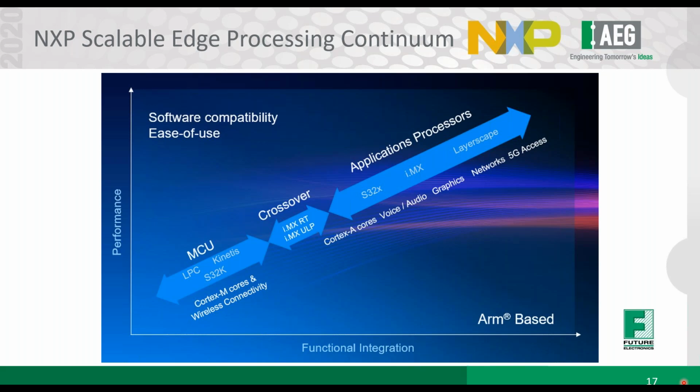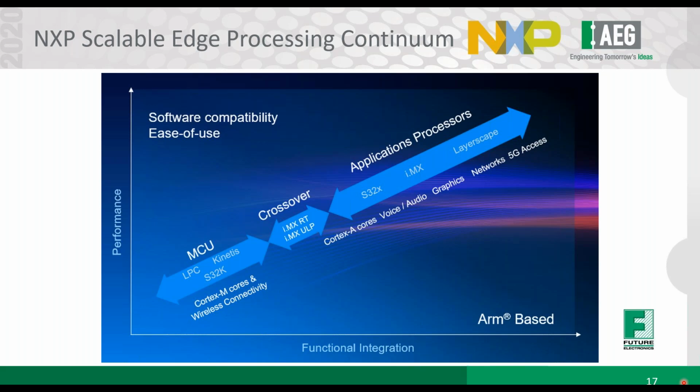This chart right here just really highlights the wide variety of different processor options from NXP. They've got a variety of different families that are more Cortex-M core based with the LPC, Kinetis, and S32K families. They've got this group of what you could consider crossover microcontrollers or processors with the I.MX RT and I.MX ULP family of devices.